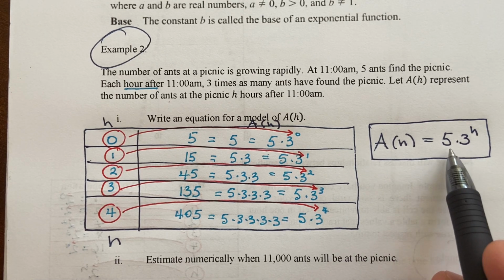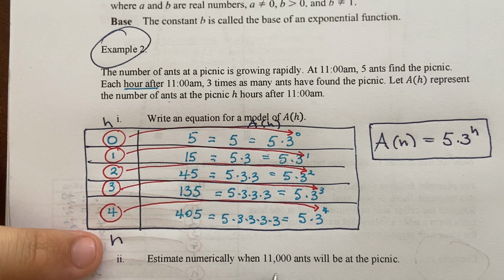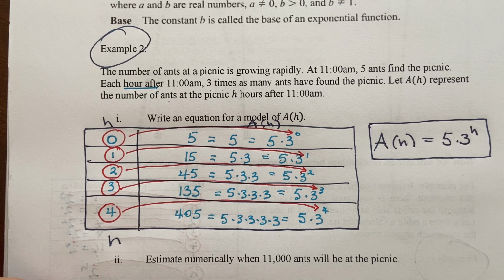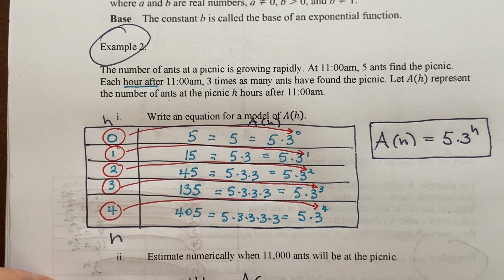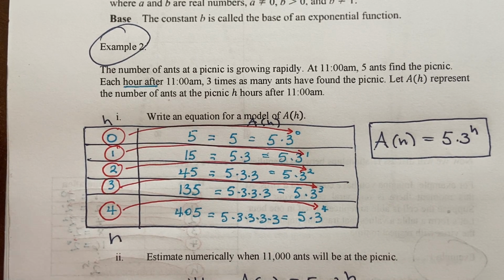That's not 53, that's 5 times 3 raised to the h. Okay. Estimate numerically when 11,000 ants will be at the picnic. So with A of h equals 5 times 3 raised to the h.